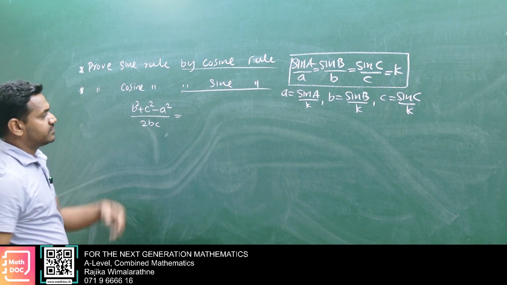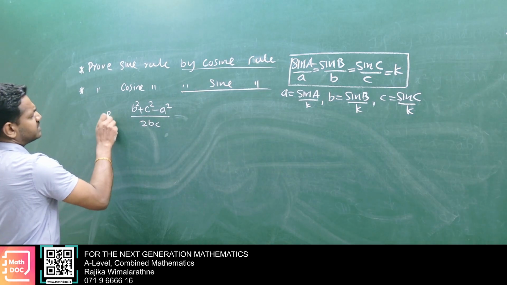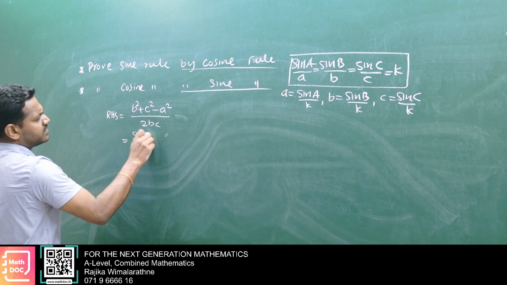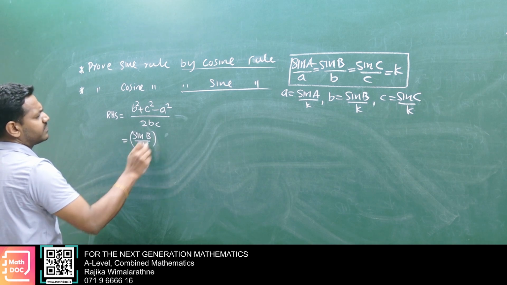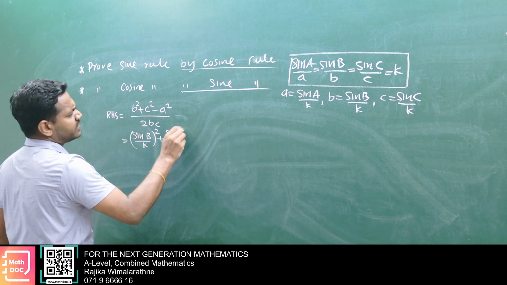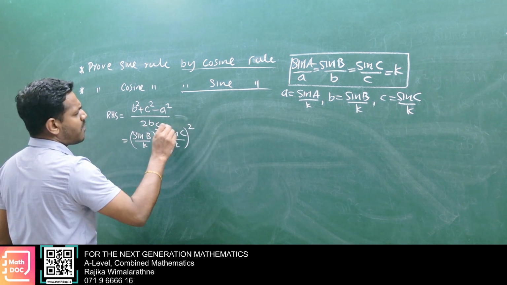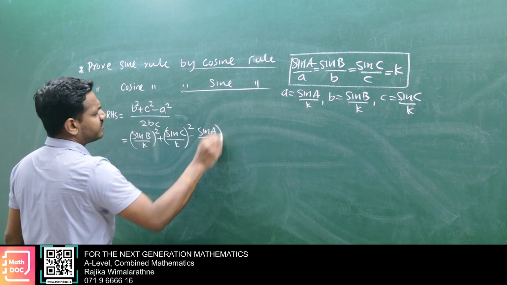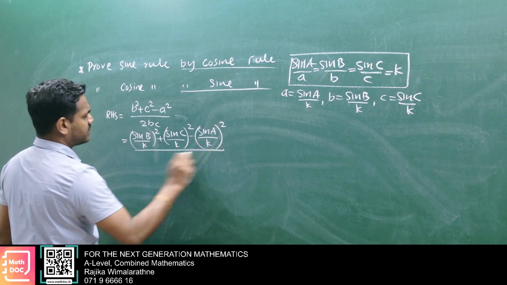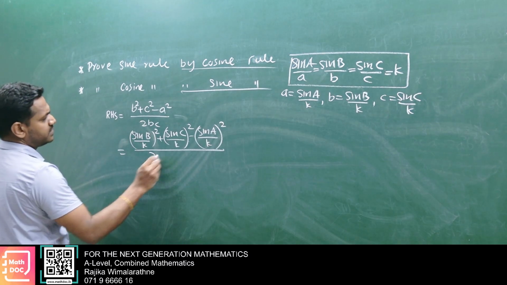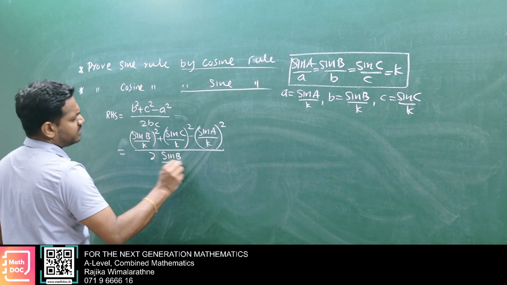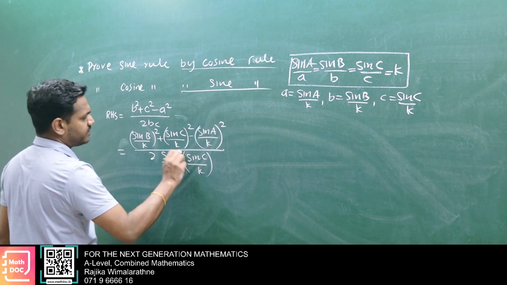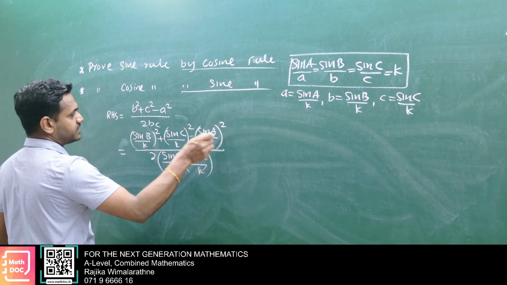You put that here. So the right-hand side of the cosine rule: b is sin B over K, c is sin C over K, a is sin A over K, over 2bc, that is 2 sin B over K times sin C over K. Then cancel K².